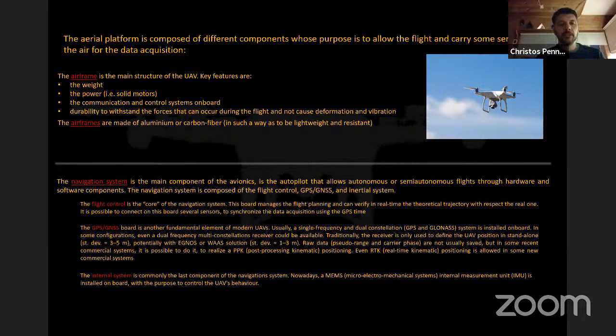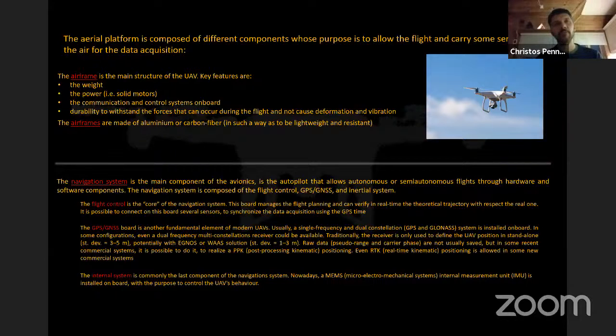Now, the navigation system is the main component of this drone, the avionics. The navigation system has the autopilot that allows us autonomous or semi-autonomous flights.